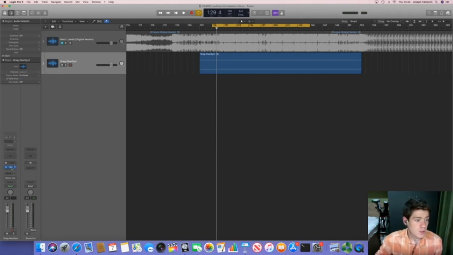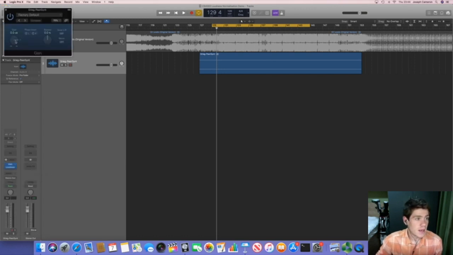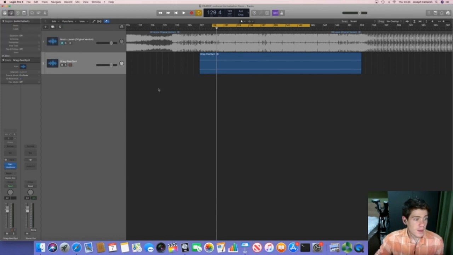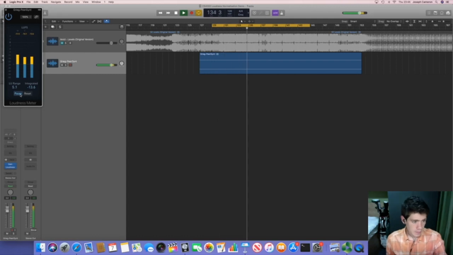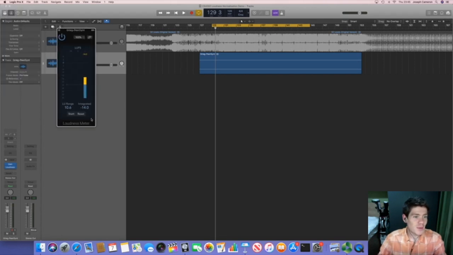So we're going to simply add a gain meter and add 23.8 dB of level. And now, when we measure our loudness, it should measure minus 14 LUFS. Let's do that. Yep, so here we have minus 14 LUFS now for Grieg.